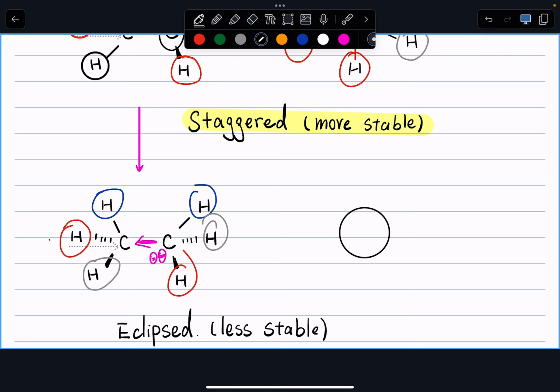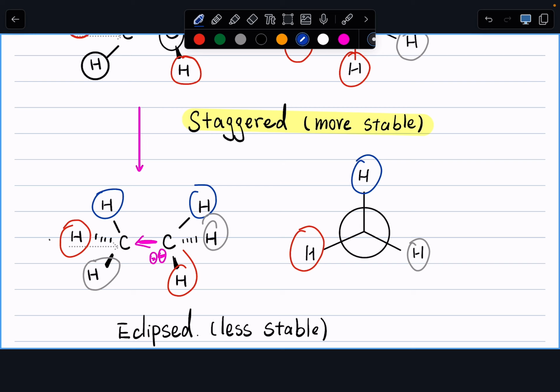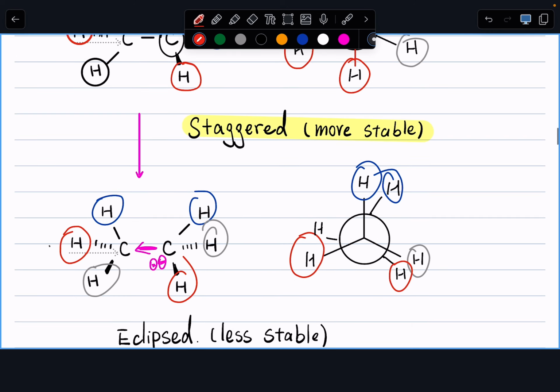In my front carbon, we have a blue one on top, and then we have a gray one and a red one. And now my hydrogens are directly on top of each other. So we have hydrogen, hydrogen, hydrogen. The blue is on top of blue, the white is on top of red, and your red is on top of a white.